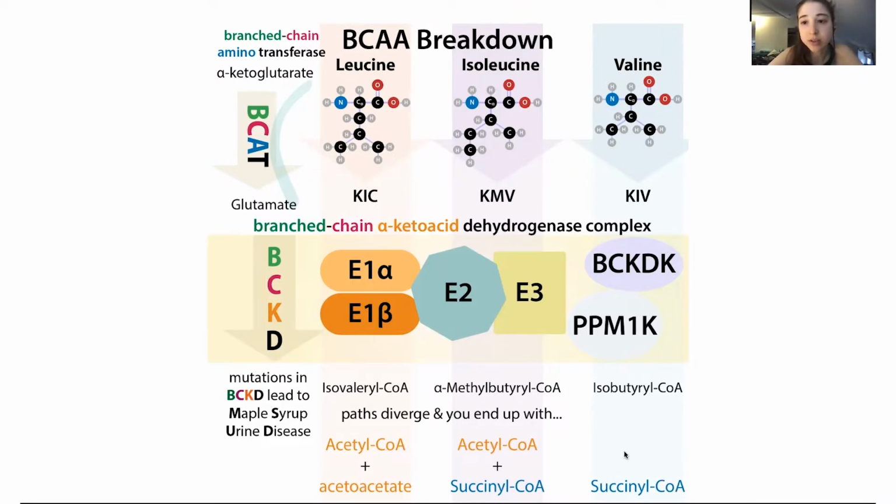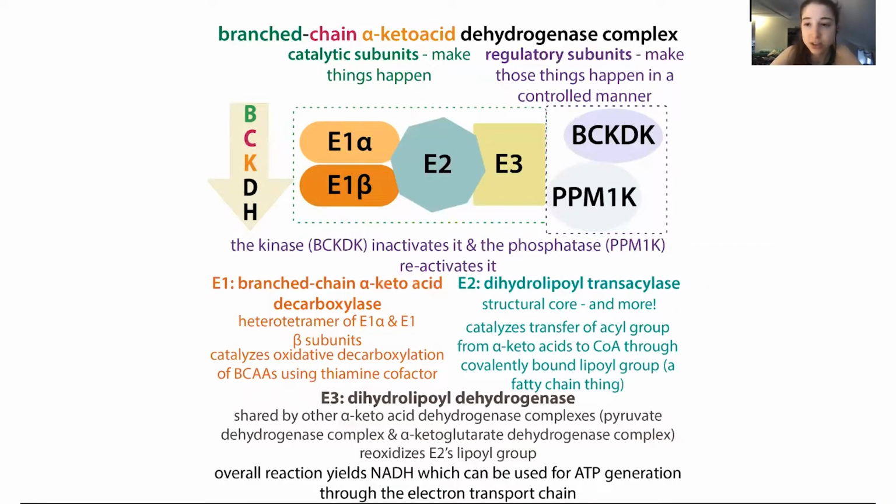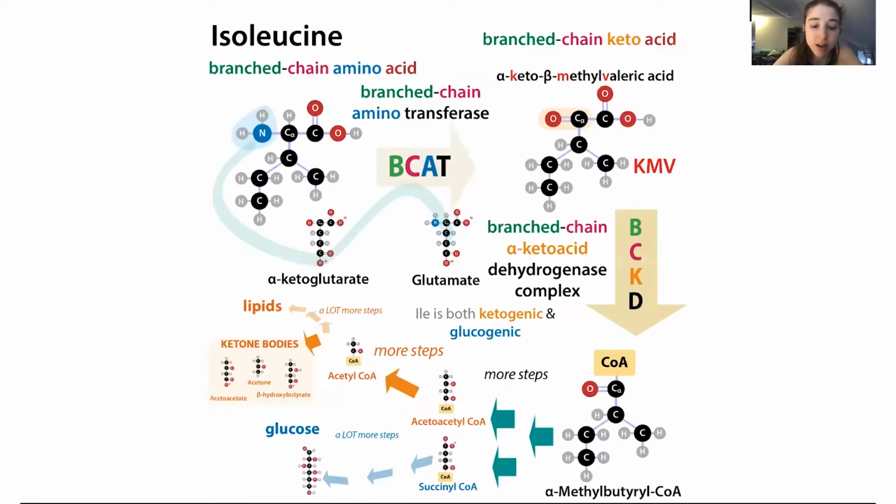So valine is purely glucogenic, isoleucine is glucogenic and ketogenic, and leucine is ketogenic only. But these classifications are really just terminology, because everything interconverts in your cells, so it's hard to think of them as strictly one thing or another.